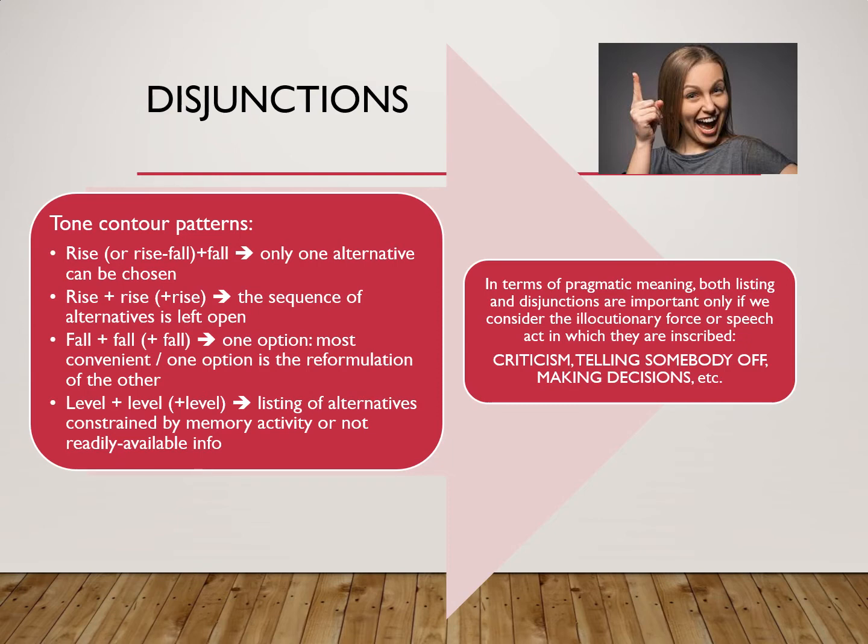Like enumerations, where the additive "and" is the connector, disjunctions also display similar tone patterns. However, each element which makes up a disjunction is called an alternative. The following combinations can be found: one in which the first alternative is produced with a referring tone and the other with a fall tone.